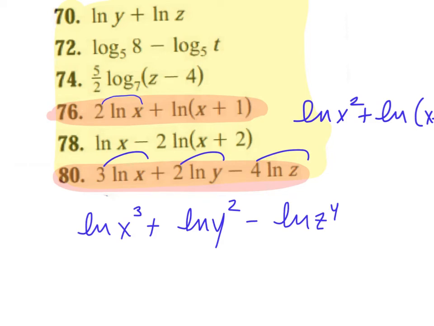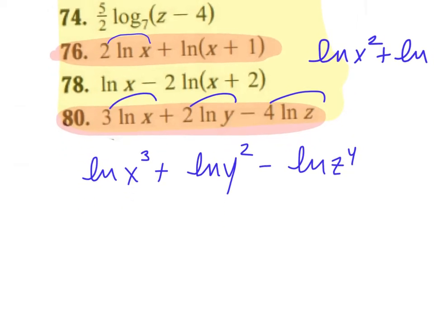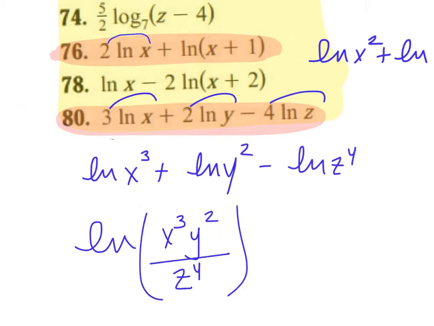You don't have to do that. I'm just telling you. So what is the first part of my problem going to look like? How many times am I going to write natural log? I'm going to write it one time out here in front. Then what am I going to write? Perfect. If you want to put it in parentheses, fine. If you don't, no worries. But good. Very good.